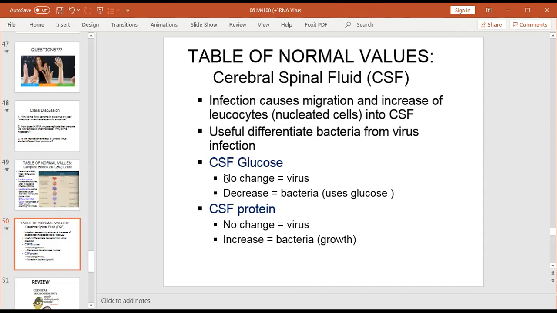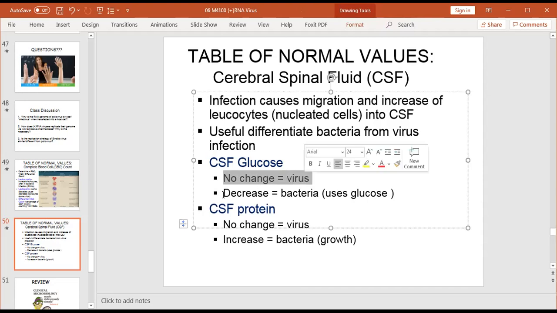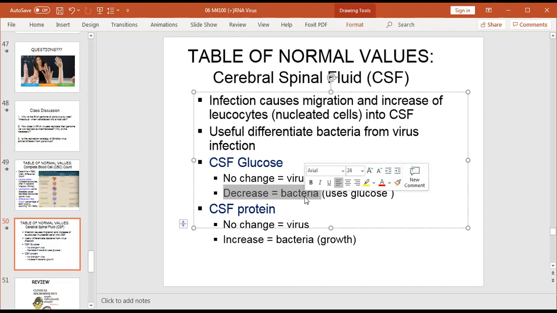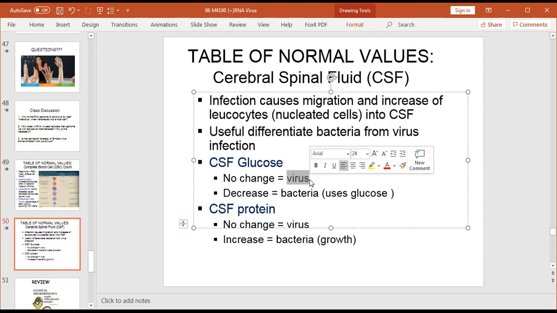No change in the glucose would suggest viral infection because viruses, unlike bacteria, do not consume glucose. They use host cell materials and nutrients. So no change in CSF glucose, possibly viral infection, decrease, possibly bacterial infection.